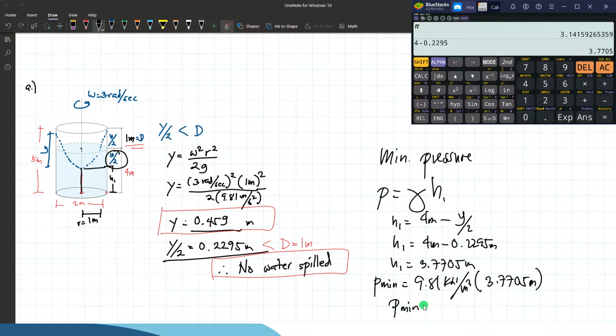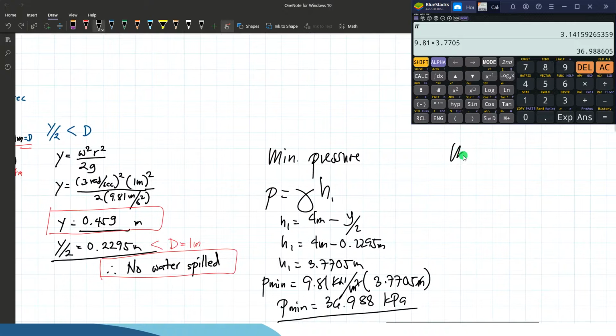So the minimum pressure is 36.988 kilopascal. That's what the answer will be, kilonewtons per square meter.